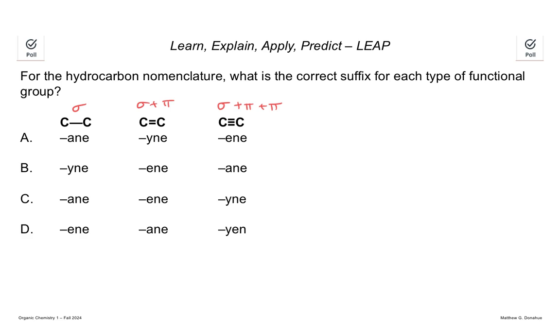So the sigma bond is an alkane, so we can eliminate B and D. Sigma plus pi, that double bond, that's an alkene, so we can eliminate A. And then that's going to leave us C. So alkane, alkene, alkyne. So that's what you're looking for in how you would identify what hydrocarbon functional group is present.